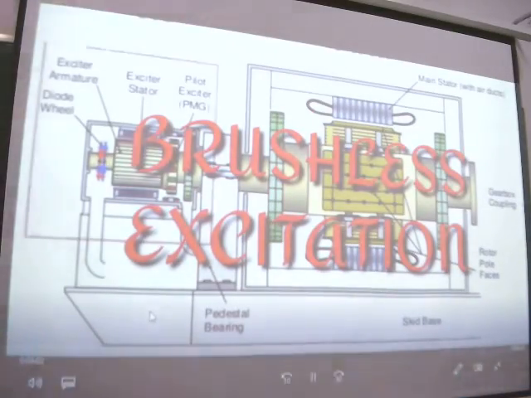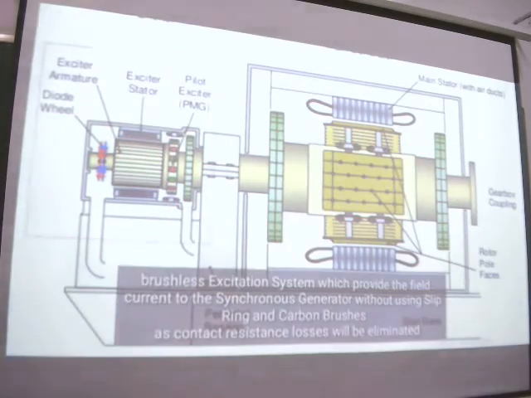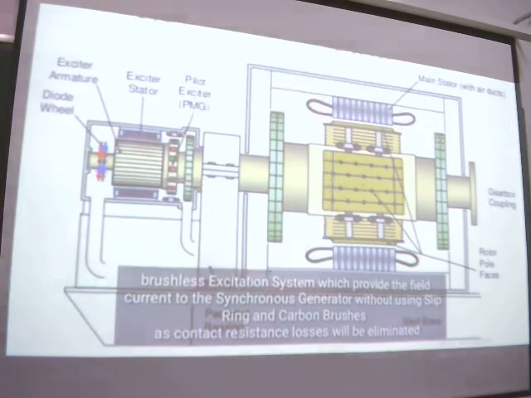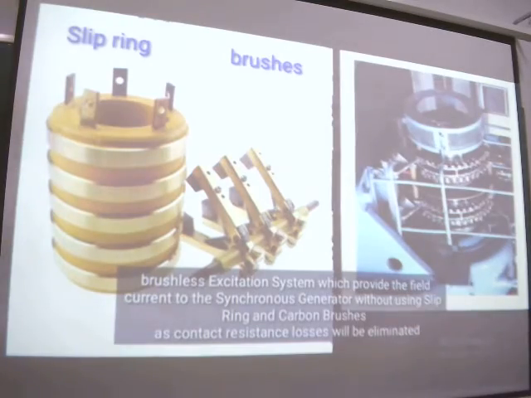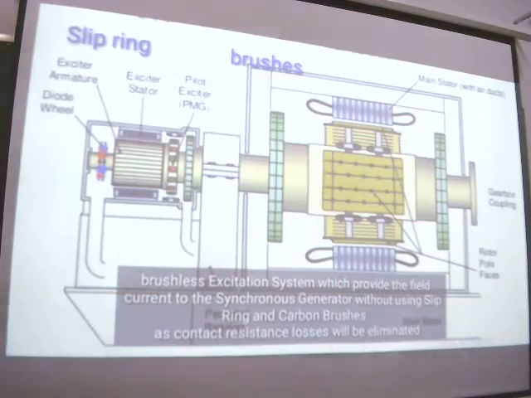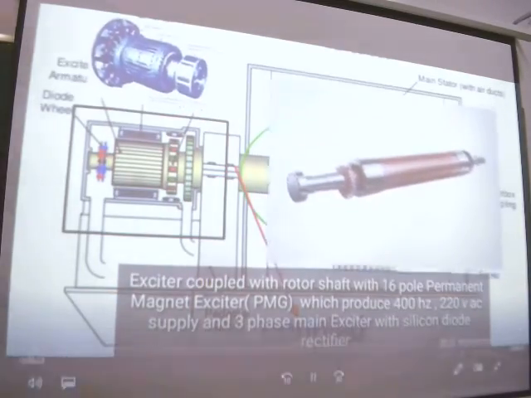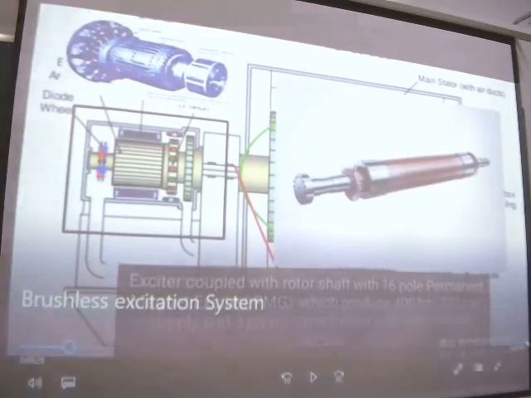This is a brushless excitation system which provides the field current to the synchronous generator without using slip-ring carbon brushes. As brush resistance losses will be eliminated, the brushless exciter system is coupled with the rotor shaft.